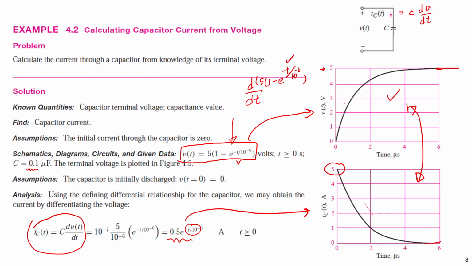If the voltage change is very high, the current is high. If the voltage change is not very high, the current becomes lower. It corresponds to the slope of the voltage. And when nothing changes, the current is 0.